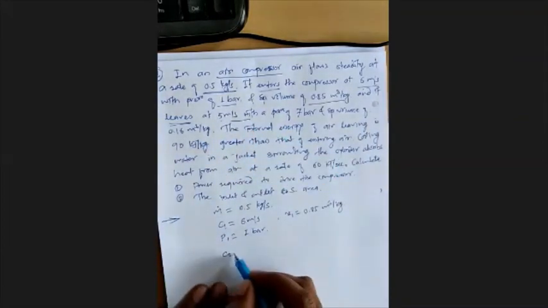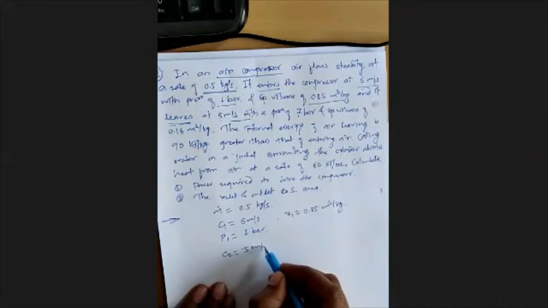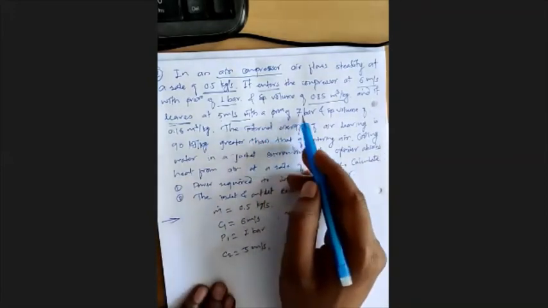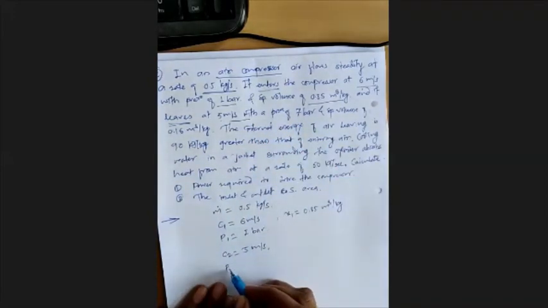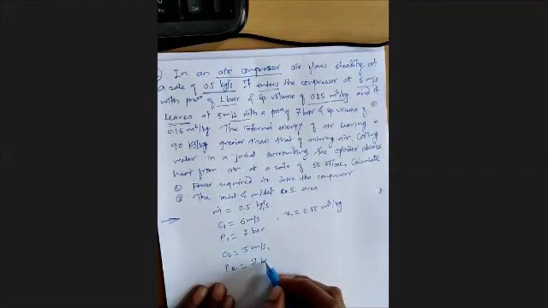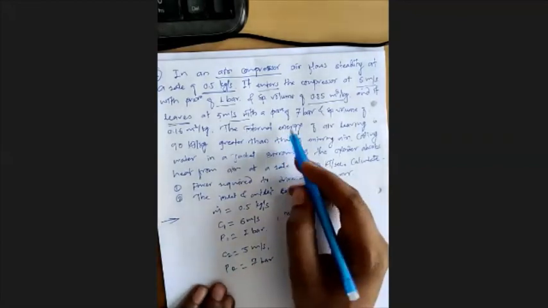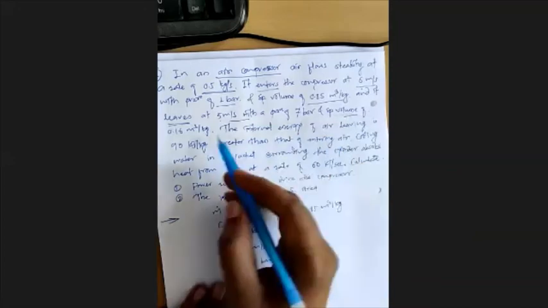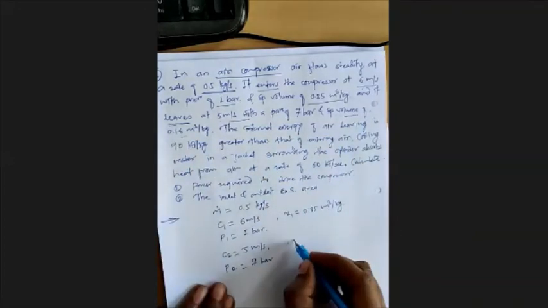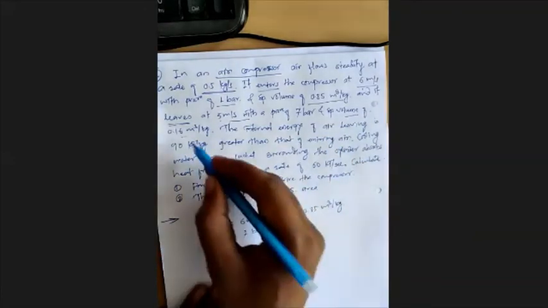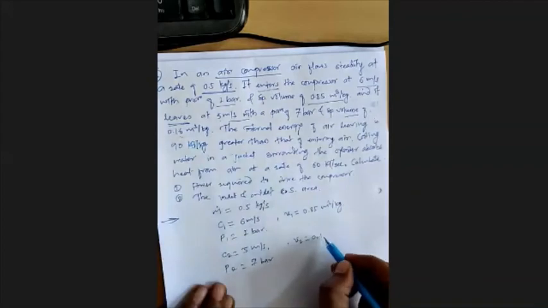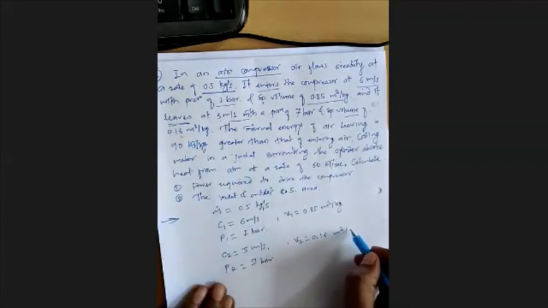So C2 is equal to 5 meter per second, pressure 7 bar, so P2 is equal to 7 bar, and they have given specific volume also, that is small v2 is equal to 0.16 meter cube per kg.